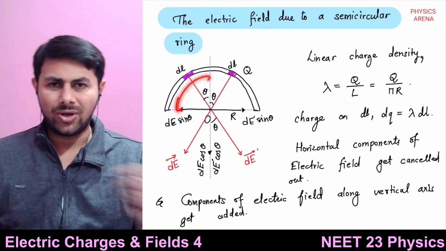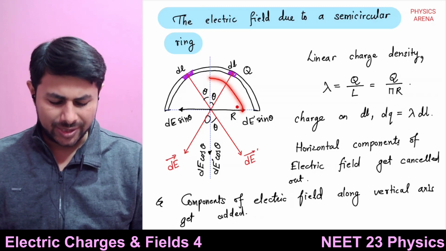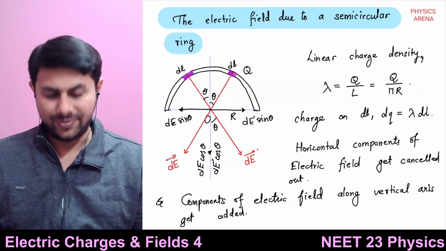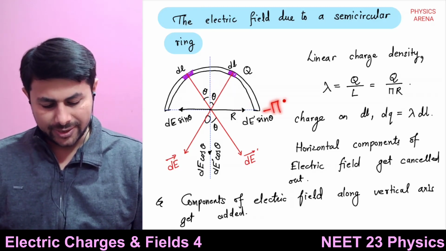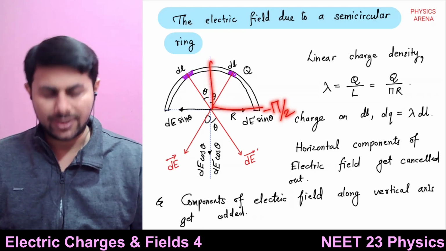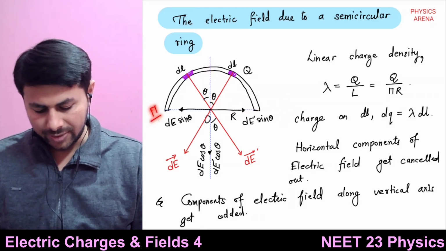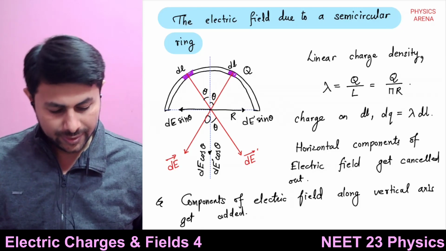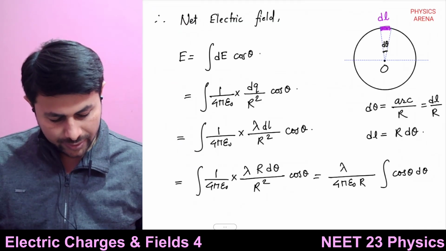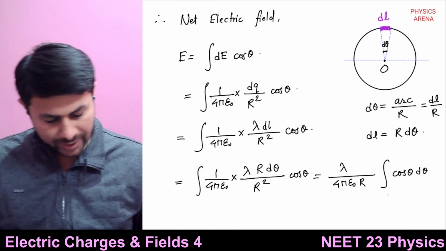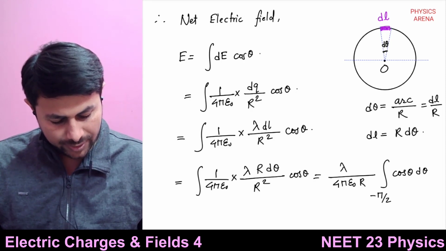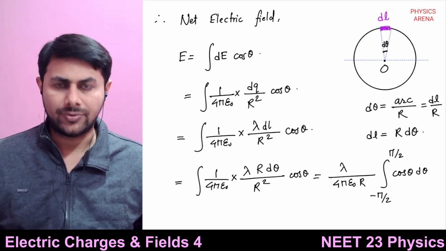If you measure it anti-clockwise, it is a positive angle. If you measure it clockwise, it is a negative angle. So this is minus pi by 2, minus 90 degrees, and this is pi by 2, right? So the limits of the integral are minus pi by 2 and pi by 2.